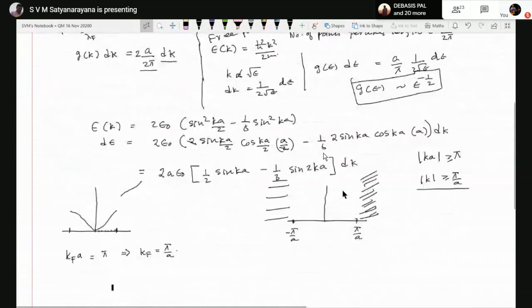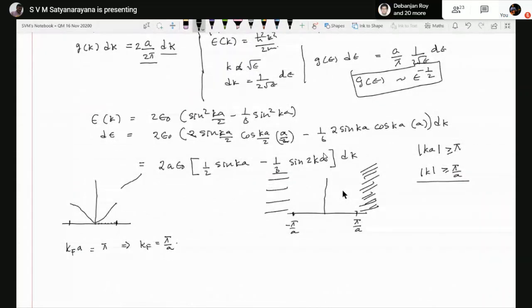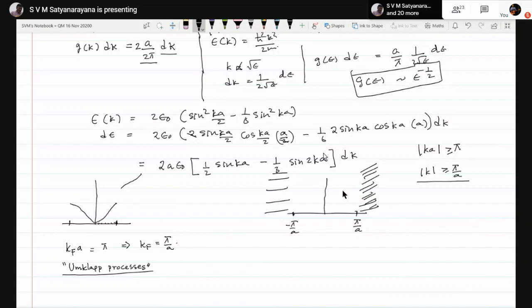I'm not very sure because I'm vaguely remembering there is some process called umklapp process. Whenever some kind of a momentum is greater than pi by a, that is outside the first zone, it will be folded back into the zone.